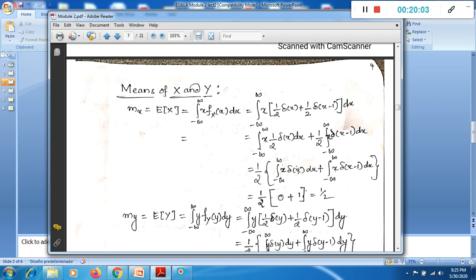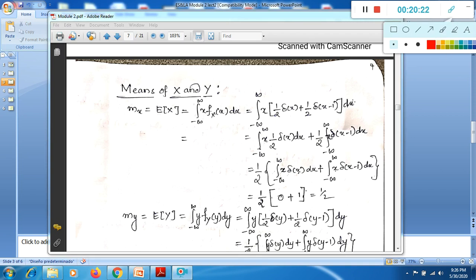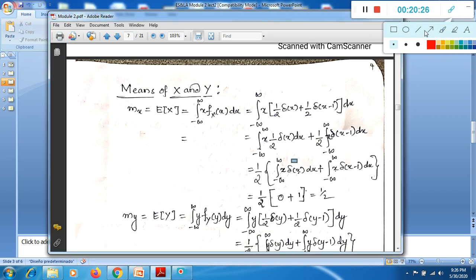We have to take 0. When we take x as 0, this term becomes 0 into δ(0), which makes it 0. So this integration goes to 0.